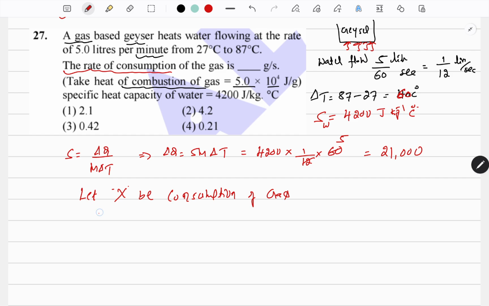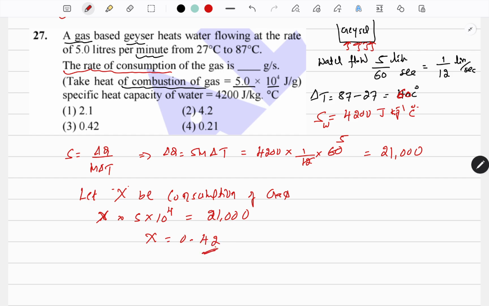So now x into 5 into 10 to the power of 4 is equal to 21,000. So x is equal to answer 0.42.